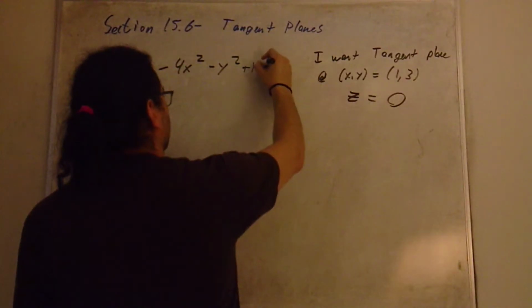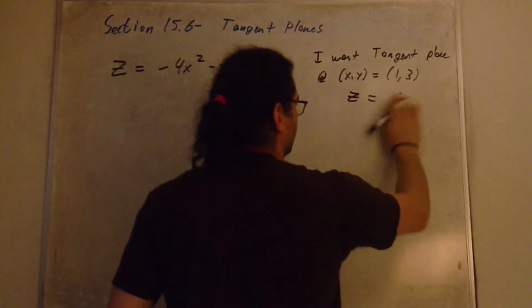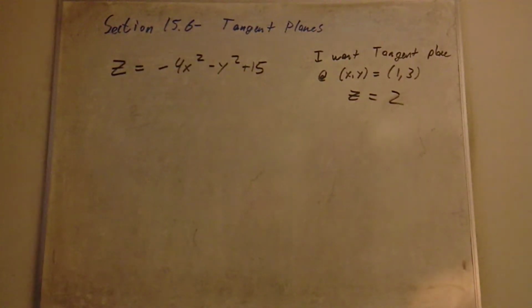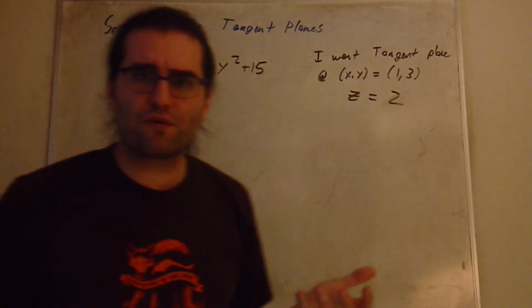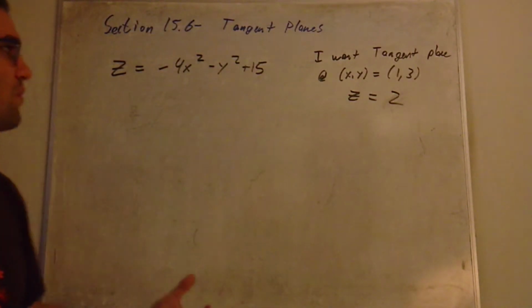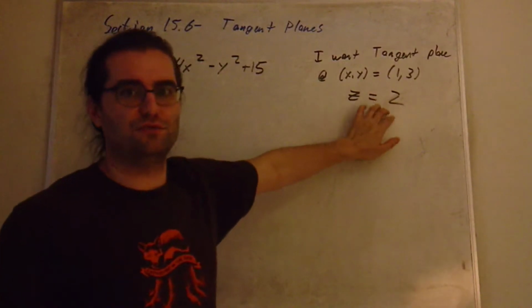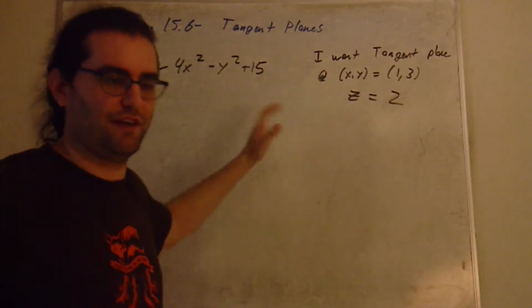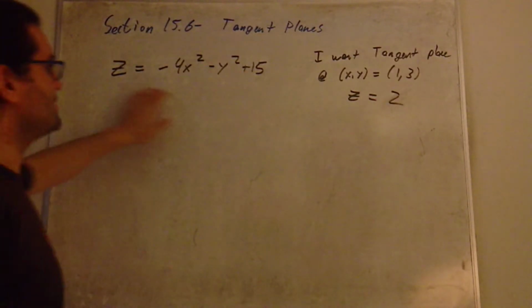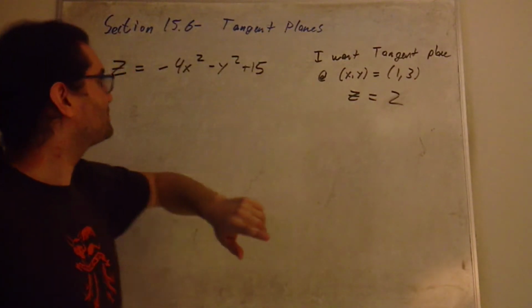Let's say that this is like 15, so that I can get an actual z value, so that we can see what happens with this 2. Zeros are easy to work with, but they don't make for great examples. It's hard to see where this piece of information gets used and how it affects this thing if it's a 0. So, slight change of plans. This is a 15, that's a 2 now.